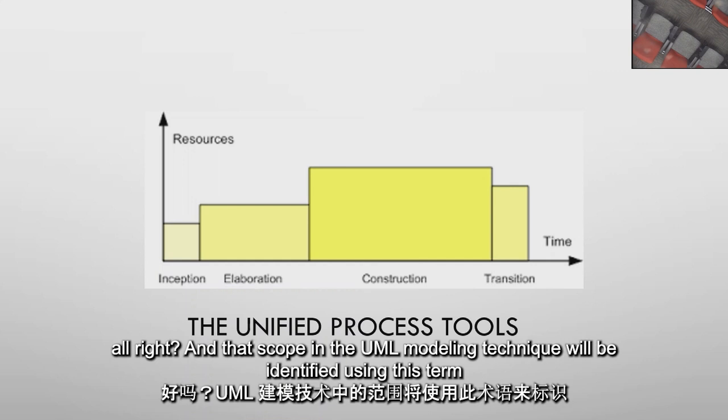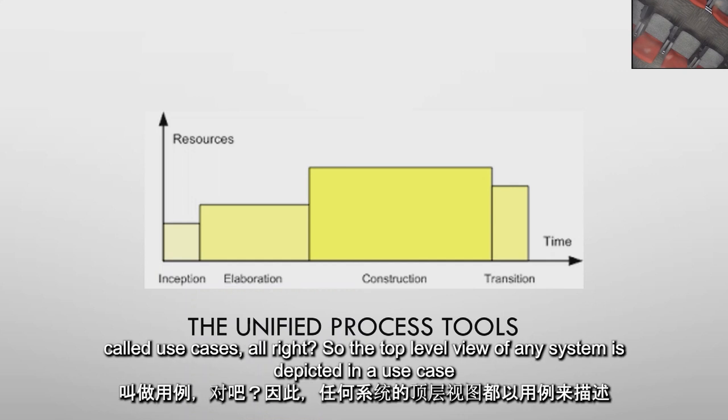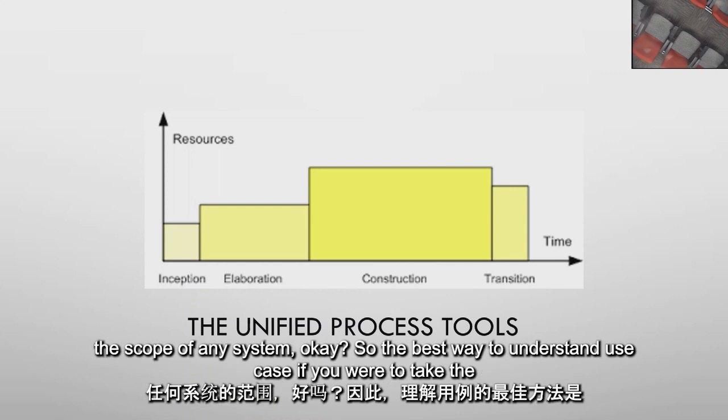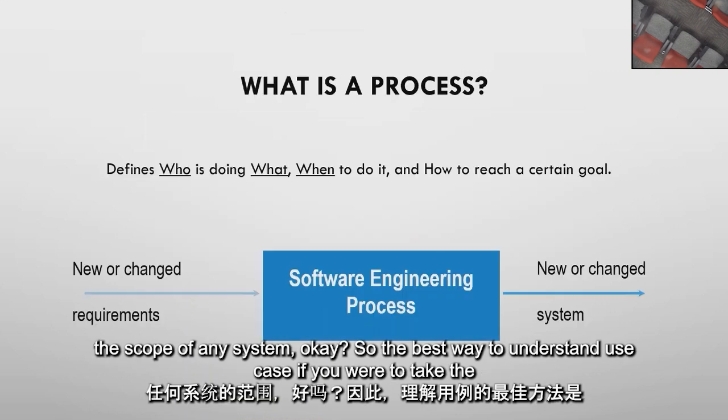And that scope in the UML modeling technique will be identified using this term called use cases. All right, so the top level view of any system is depicted in a use case diagram. A use case diagram is the start of the elaboration technique to understand what we call the scope of any system.